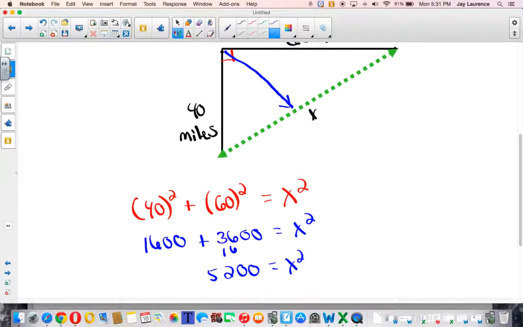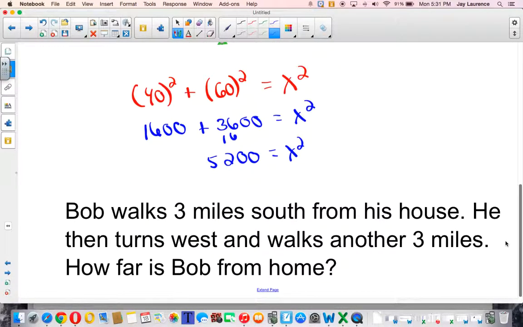And if you wanted to, you could simplify the rad on that, because you get 52 and 100. Let's do that, an exact answer here. So I'm going to take the rad and simplify it. So x is going to be equal to the rad of 100 times 52.